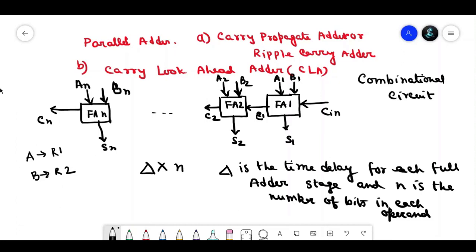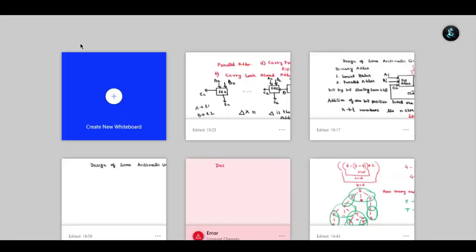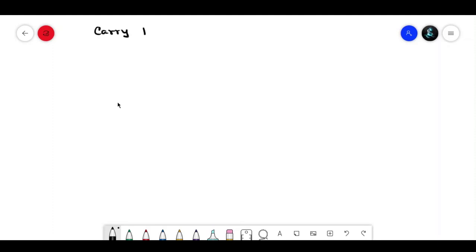The carry look ahead adder is basically a high speed adder which adds two numbers without waiting for the carries from the previous stages.